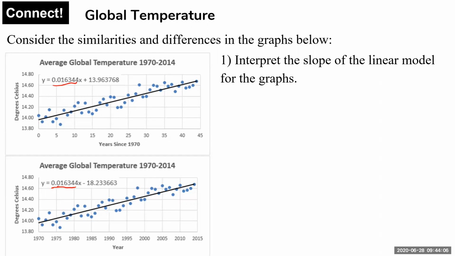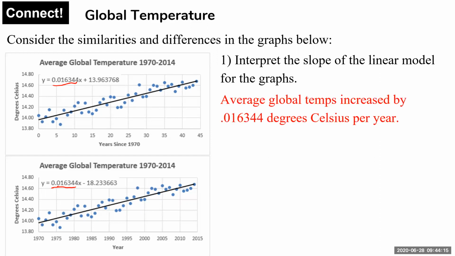You have to interpret the slope in the context of the graph. So here, the average global temperature increased by that many degrees Celsius per year. Is that okay? We are saying it's increased because this value is positive.